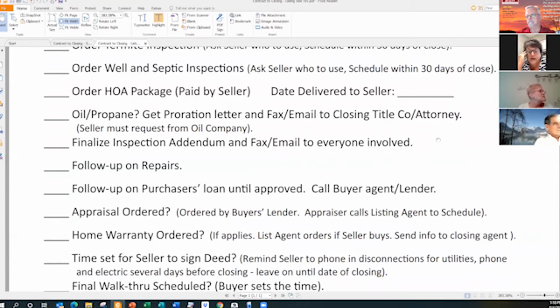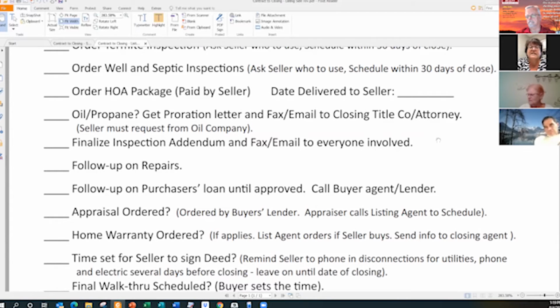You're also working on the inspection addendum during this time period. Usually, just watch your timelines. The buyer side is really more critical. They've got X number of days to get that inspection done and get it returned to you. But then from the time they deliver it, you as the listing agent and your seller, you all have 7 days to get that worked out.